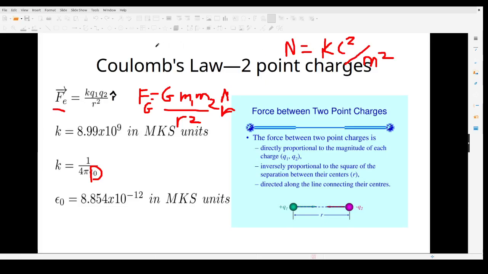So K is going to have units of newton meter squared per coulomb squared. Not coulomb seconds, coulomb squared.